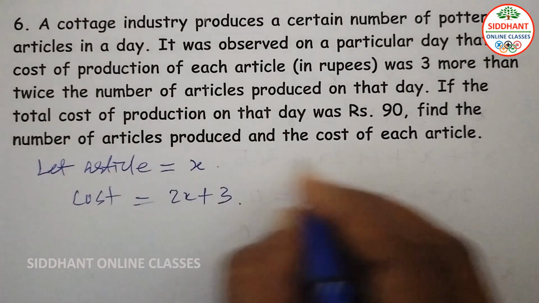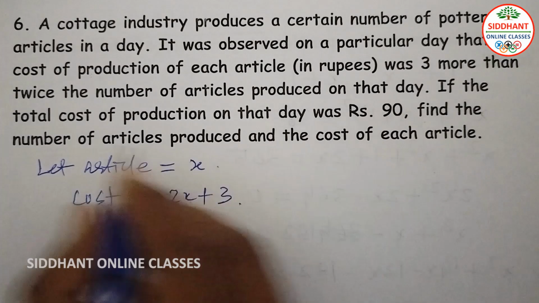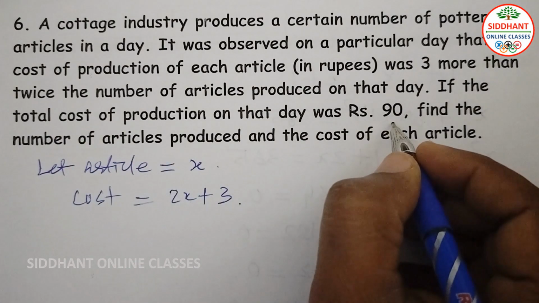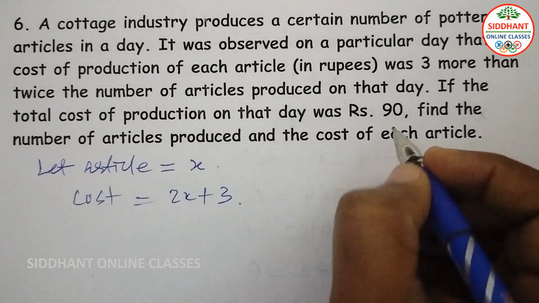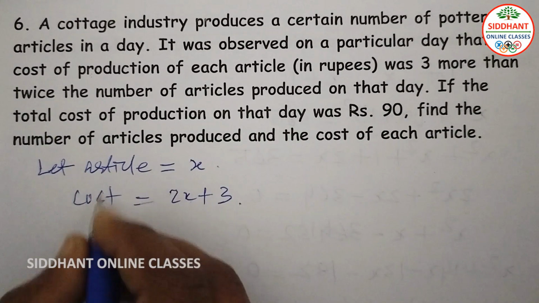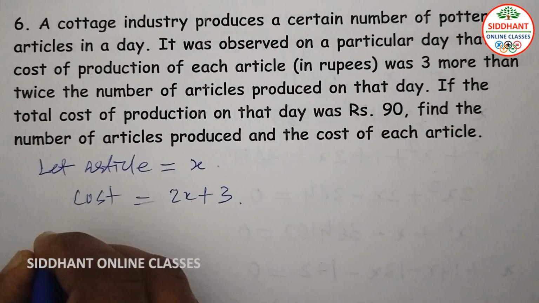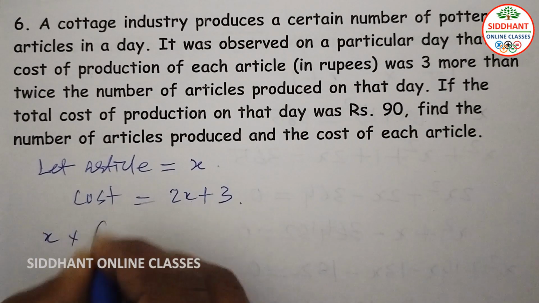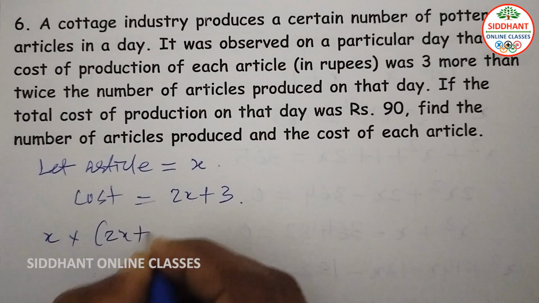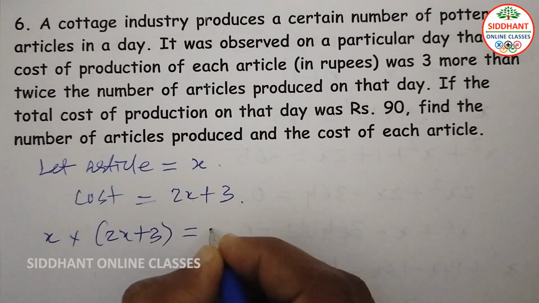So the total cost is 90 rupees, that means article into cost is equal to 90, that means x into 2x plus 3 equal to 90 rupees here.